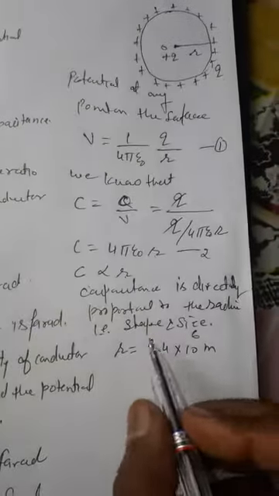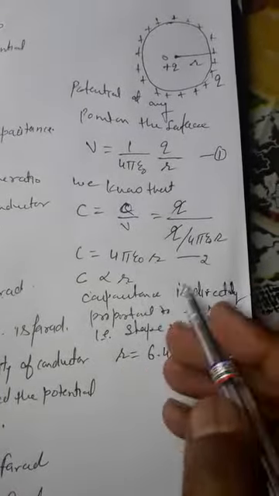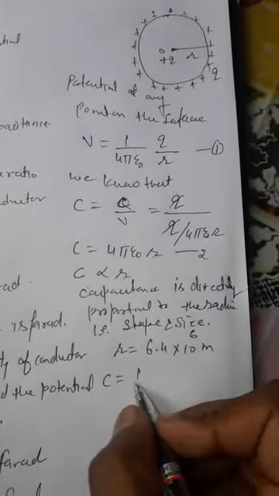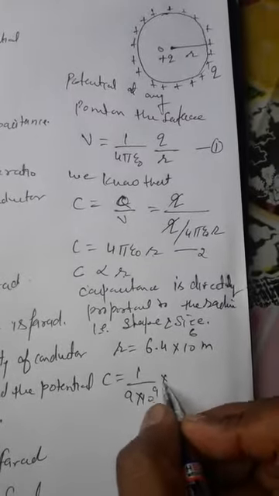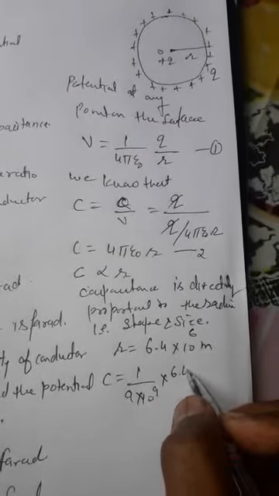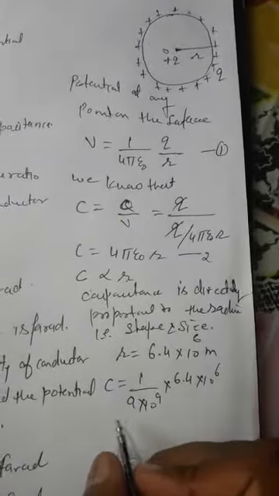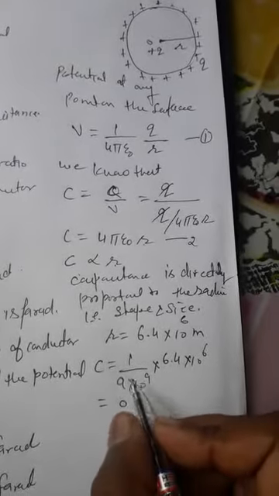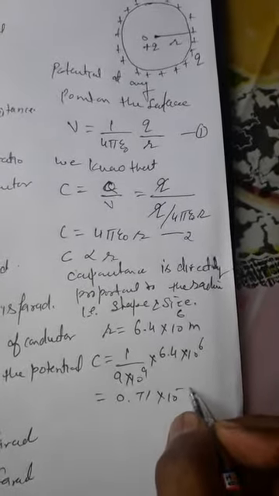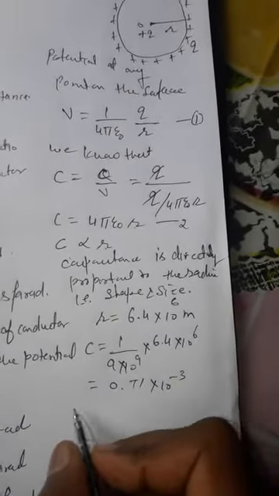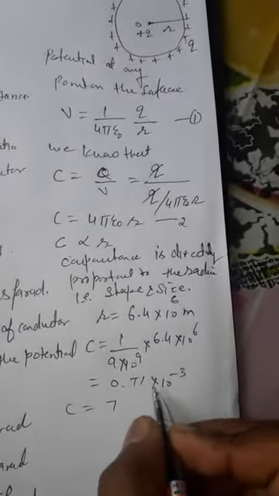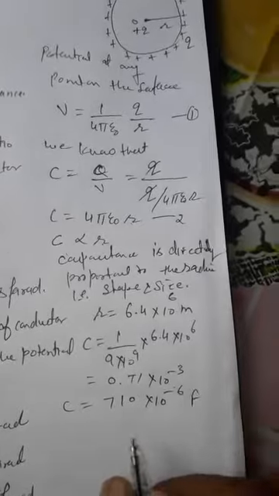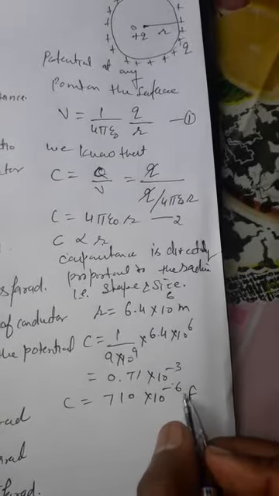So now if we use this radius in equation second, the capacitance must be equal to 1 upon 4 pi epsilon naught, meaning 1 upon 9 into 10 power 9, into R, that is 6.4 into 10 power 6. So from this we get 0.71 into 10 power minus 3. So the capacitance should be equal to 710 into 10 power minus 6 farad, or it is 710 microfarad.